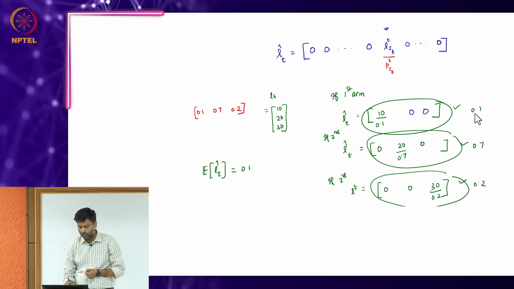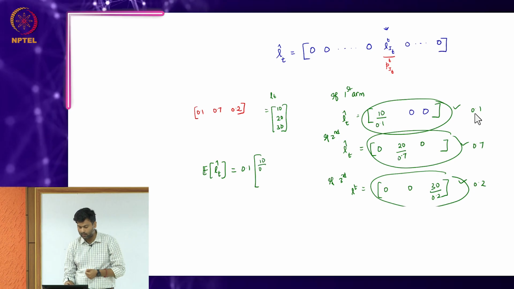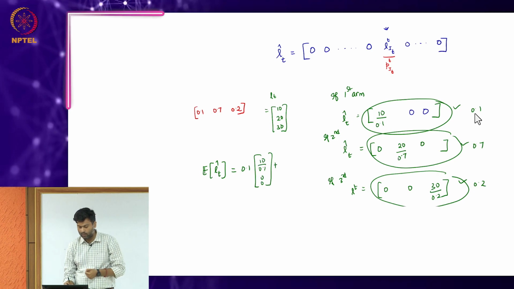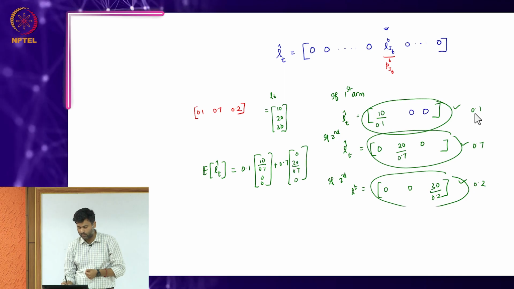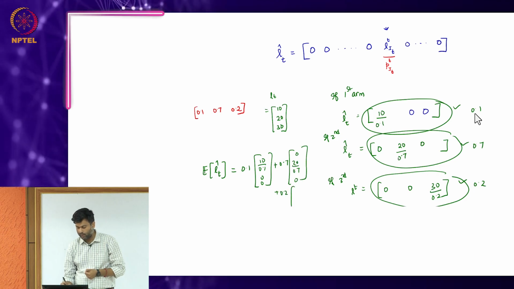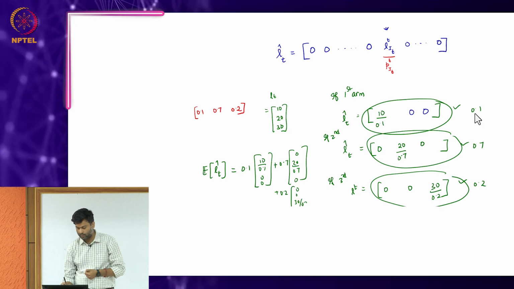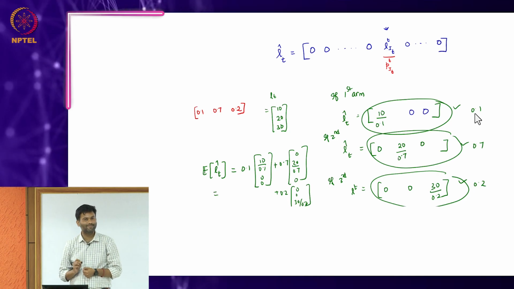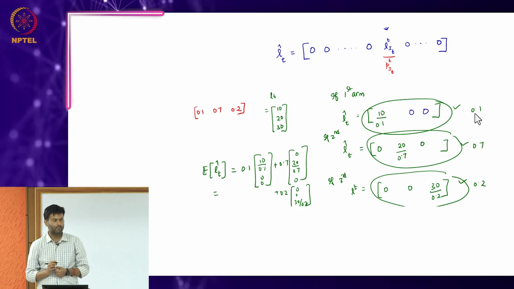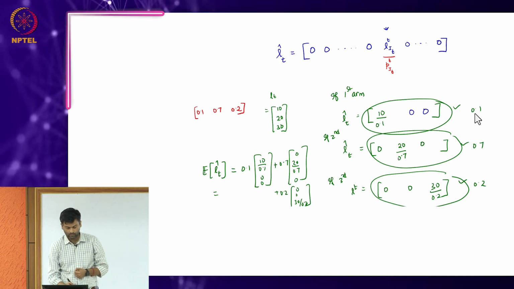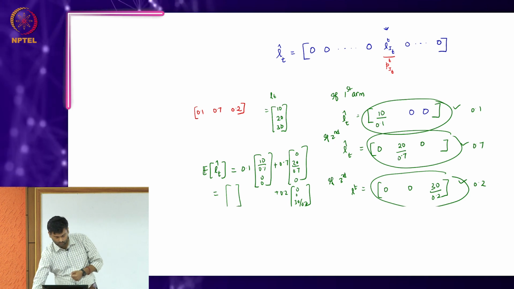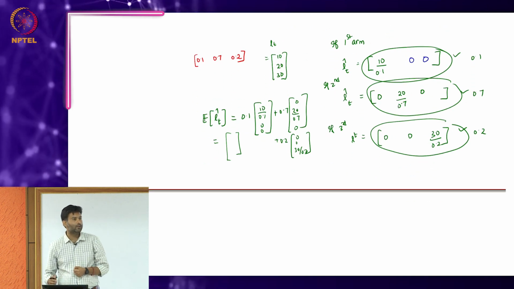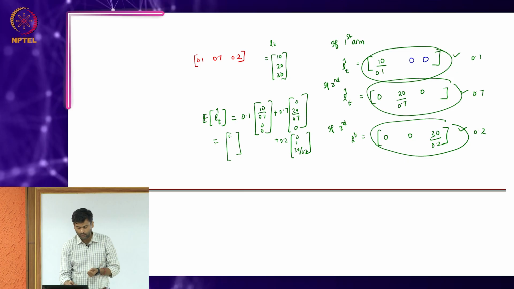With probability 0.1 I send this, with probability 0.7 this, with probability 0.2 this. What is the answer? We get 10, 20, 30.